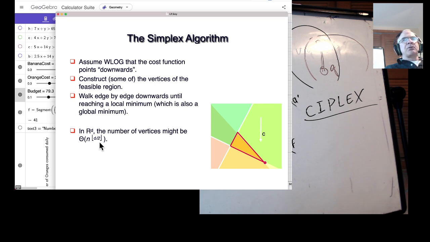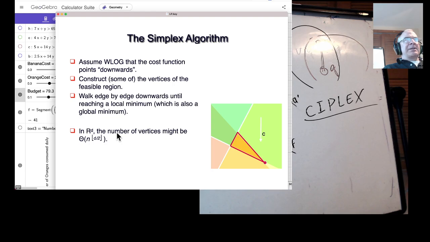Adding more vitamins, more constraints is not particularly expensive. The algorithm actually is not going to notice it, and we are going to cover a linear time algorithm to handle everything in 2 or 3 or 4 dimensions. But in higher dimensions, we are getting things that are exponential. Now, this is a worst case analysis, and the simplex is a great example that there is a difference between being pessimistic and looking at the worst case versus what actually happens in reality, because in reality, it's extremely hard to construct inputs on which the simplex is slow.